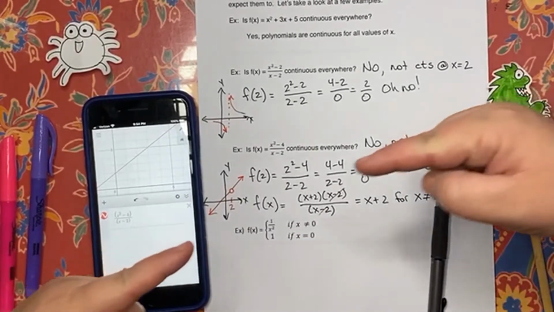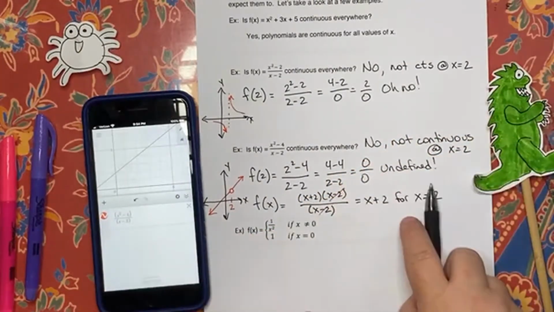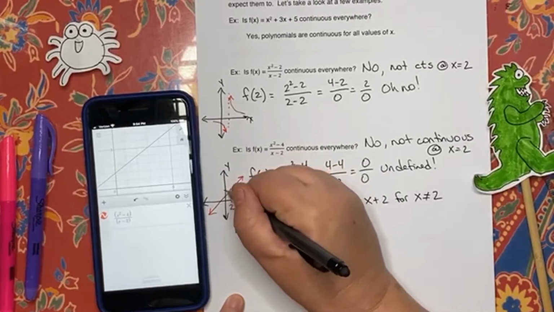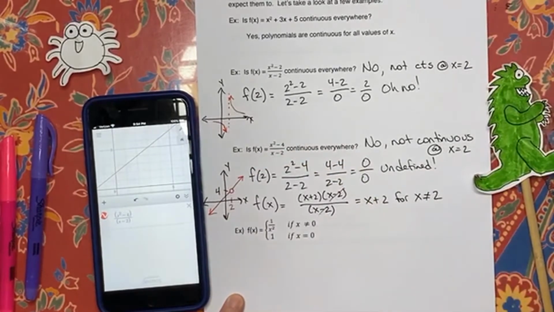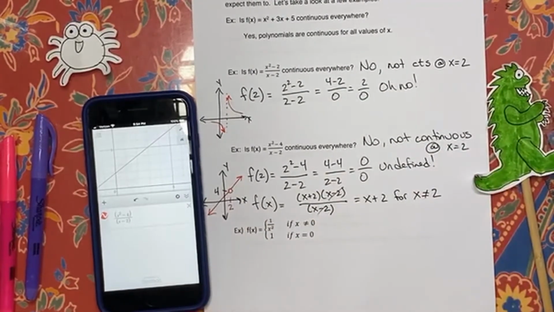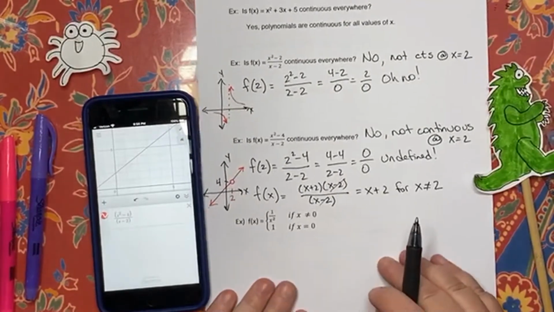Because the two limits agree, we could just say that when x equals 2, we'll just end up here at y equals 4. And if we just plug that little hole there, then we've got a function that will cooperate. So that's called a removable discontinuity. I love them. Okay, let's go on.